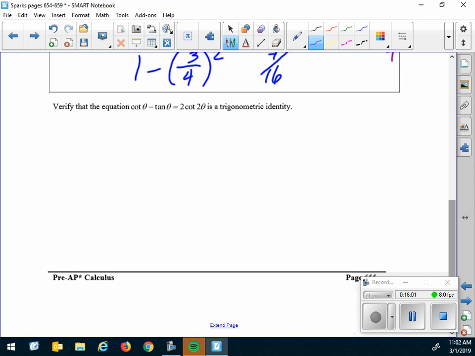2 cotangent theta would be the same as 2 over tangent theta. This is a common mistake. A lot of people are going to take that 2 right there and pull it down as well. But then that would become 1/2.